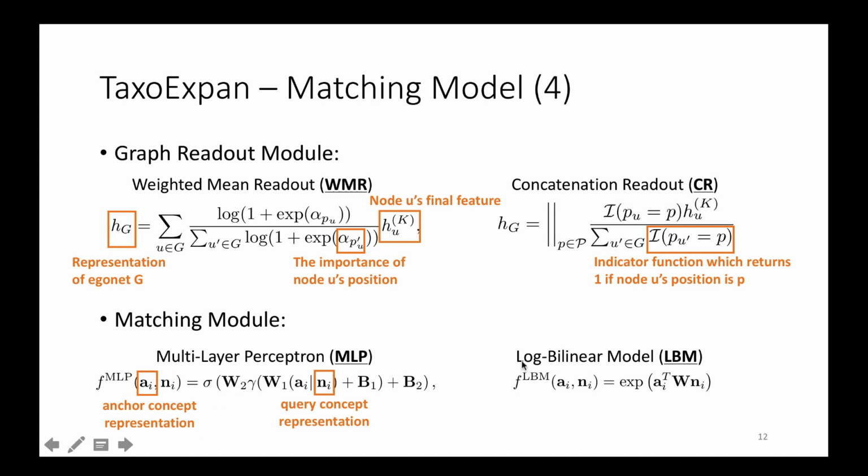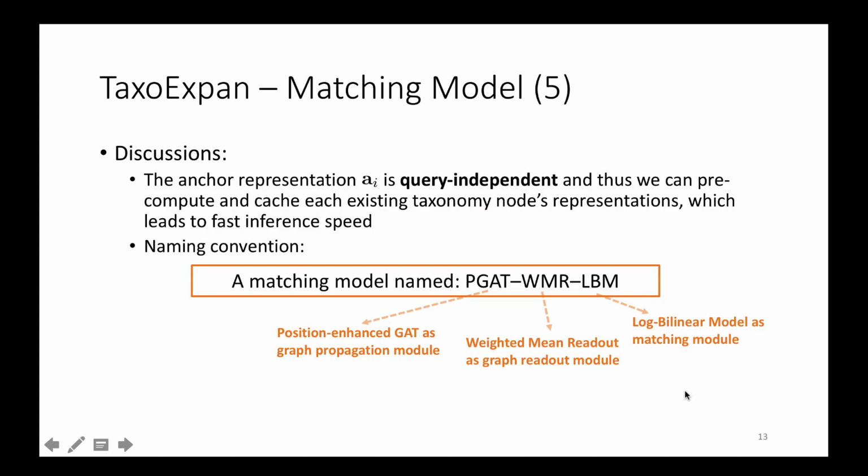And also the log bilinear model, which uses a bilinear interaction matrix to capture the interaction of query and anchor. We want to emphasize that the anchor concept representation A_i is actually query independent, which means you can pre-compute and cache those anchor representations. And this can lead to a significant boost in inference time.